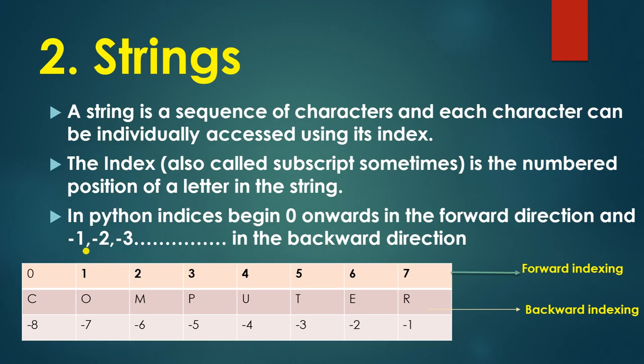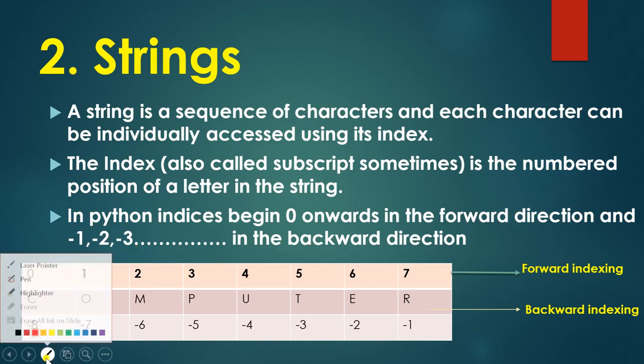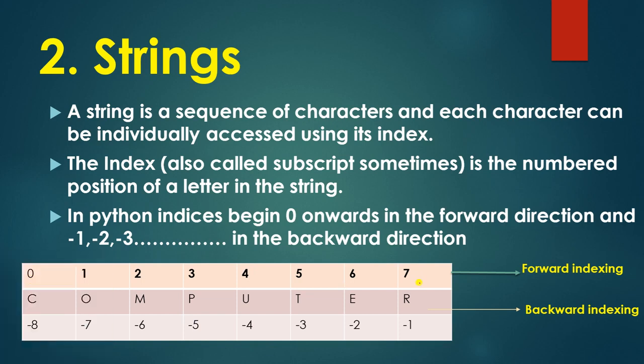This index has a numbered position in the forward direction as well as in the backward direction. In Python, indices begin with 0 onward in the forward direction and -1, -2, -3 in the backward direction. This part is your forward indexing.